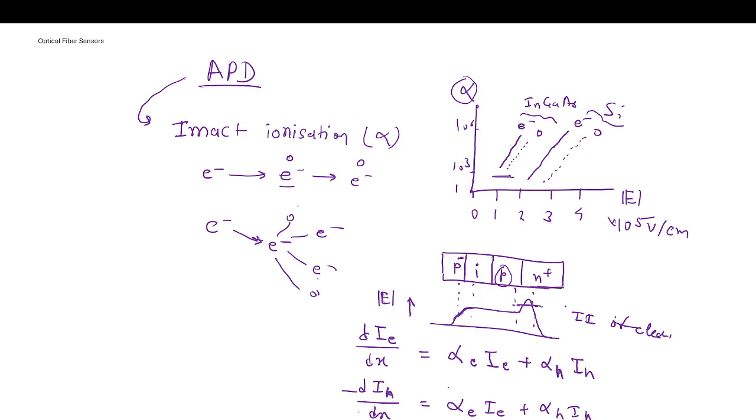Now the ratio of impact ionization, Ka, will be alpha H over alpha E. For silicon, this Ka is way lesser.